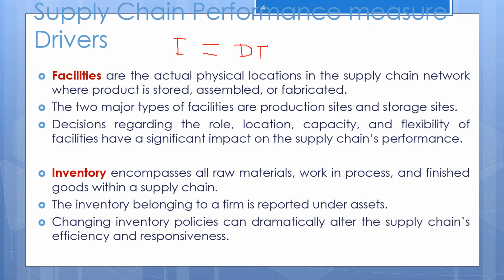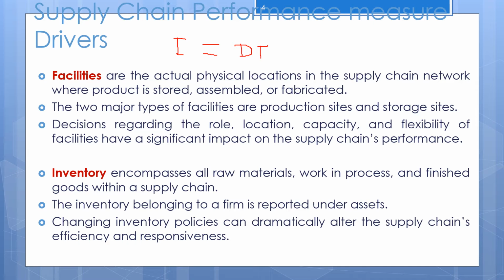If I look at one example, if the flow time of an auto assembly process is say 10 hours and throughput is 60 units an hour, this equation tells us that inventory is 60 × 10, that is 600 units.